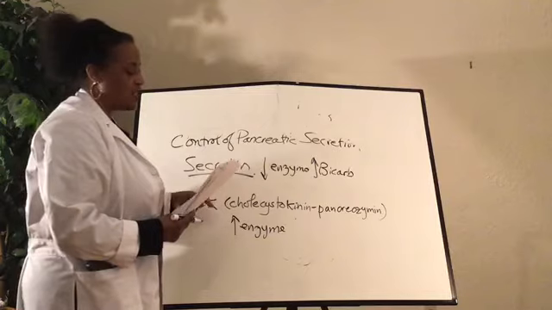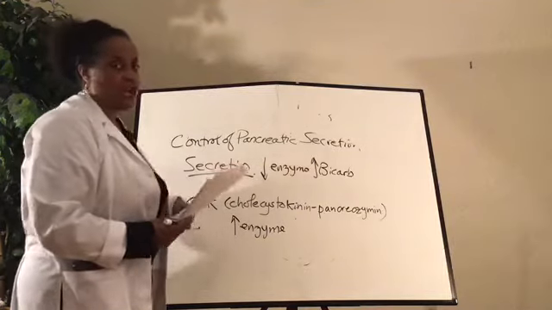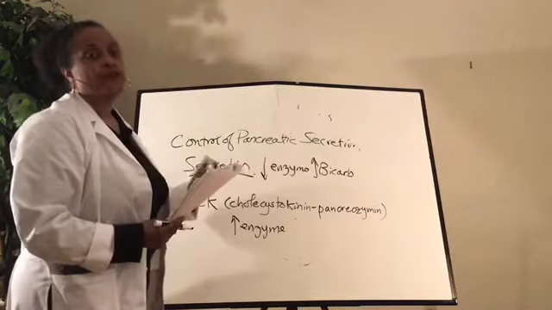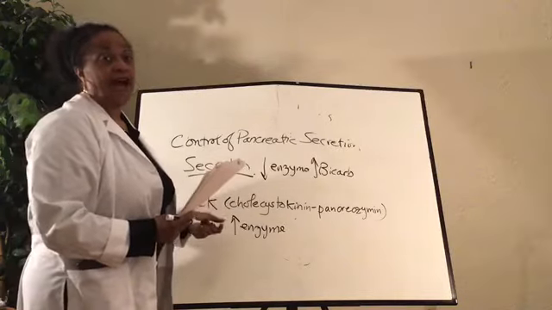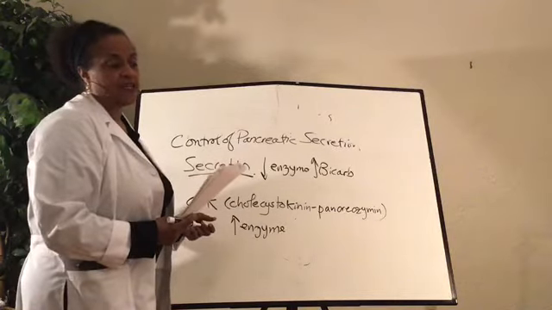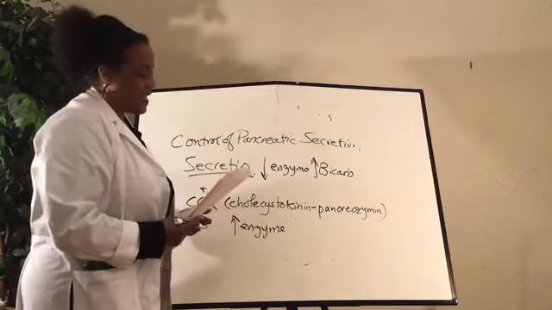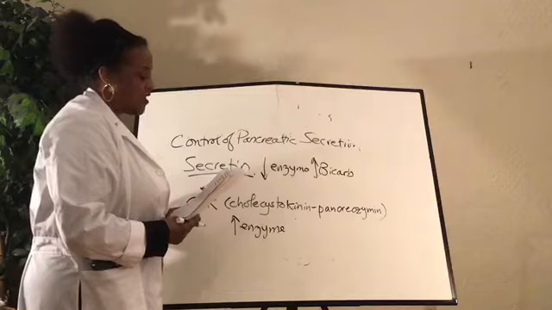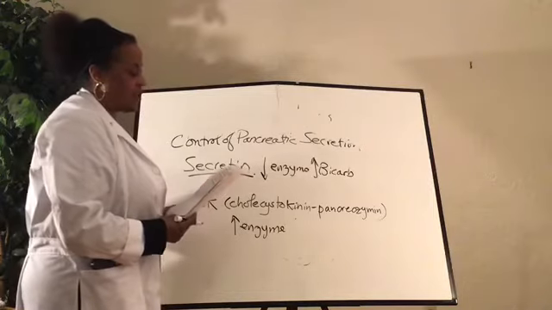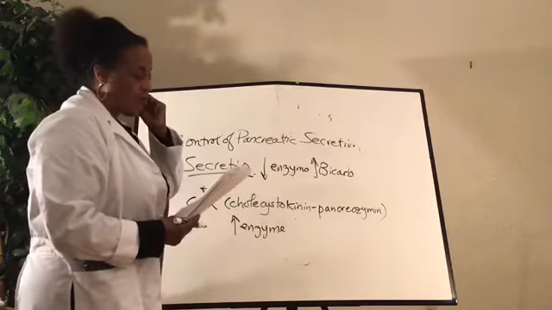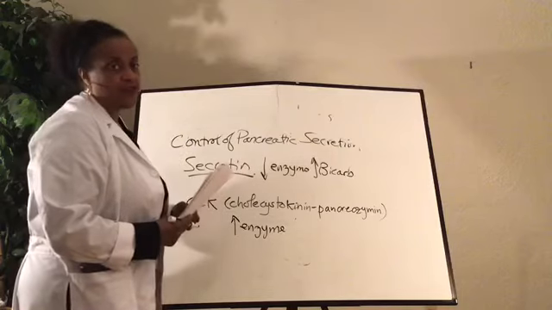It opposes the influence of gastrin. When gastrin is released, if you recall, it releases a lot of hydrogen, HCl. CCK also stimulates the contraction of the gallbladder so the bile can pass into the duodenum.